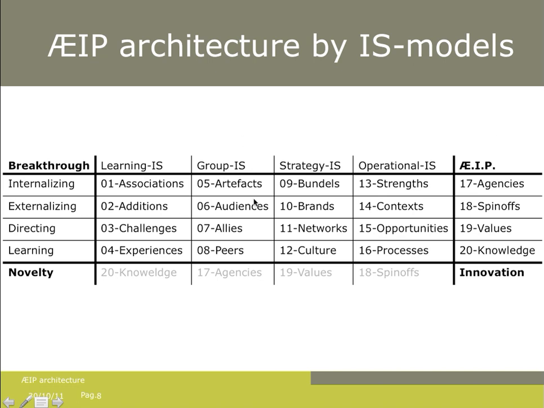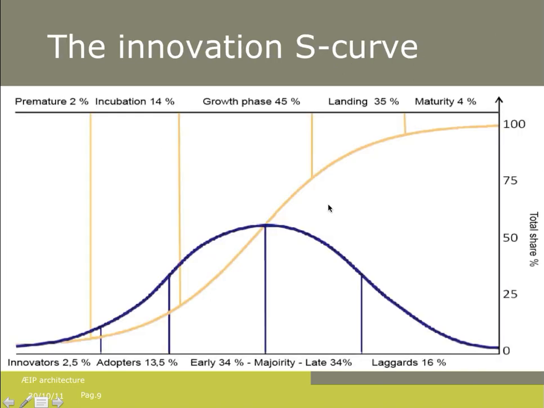the first, so learning IS group, IS strategy, operation. There's a reason why we have this order, basically because what we're going to expect is, if you look at the innovation S curve, right, which is the orange line over here, which you can kind of relate to successive groups of, they call it successive groups of customers, but we are actually looking at successive groups anyway.